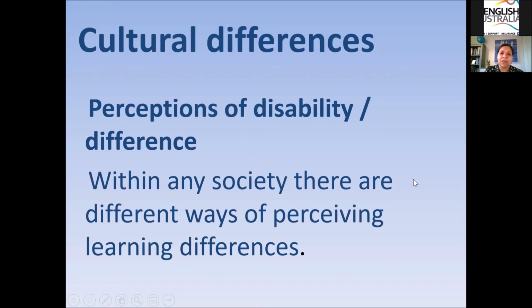So understanding that is really important. We as teachers, before we start going in and saying, oh, you might be dyslexic, or I think you have ADHD, have to be quite sensitive to our learners' backgrounds and understand how it might make them feel as well.